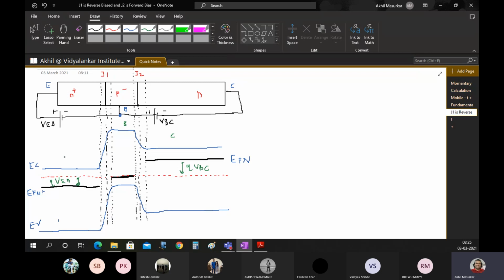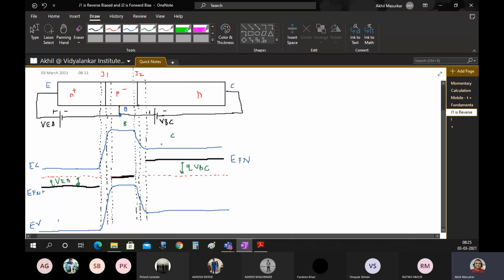So though the injection is possible, the device is designed to get injection from emitter into the collector and not collector into the emitter, and that is why we say the device is active.